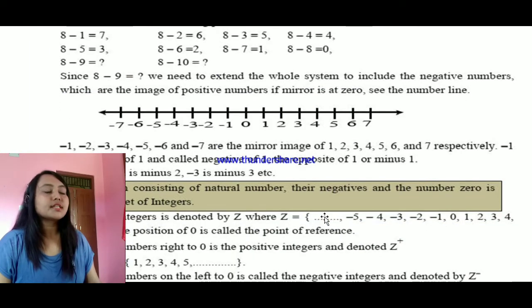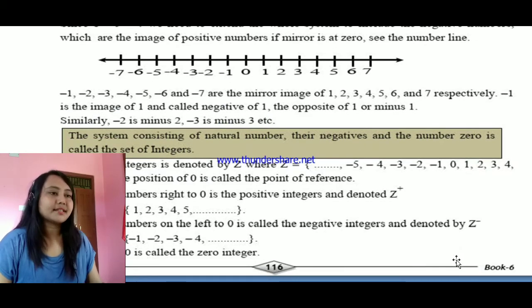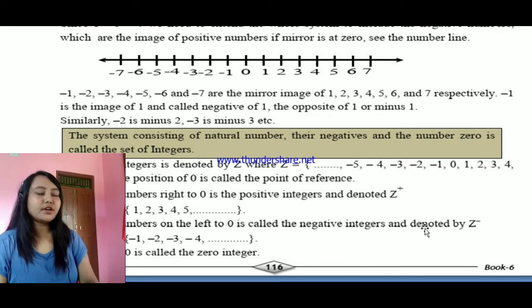And those numbers which are the negatives of the positive numbers, going from 0 throughout the left hand side, will have a minus sign, and they are known as negative integers. Positive integers are denoted by Z plus, whereas negative integers are denoted by Z minus. And the number 0 is called the zero integer.